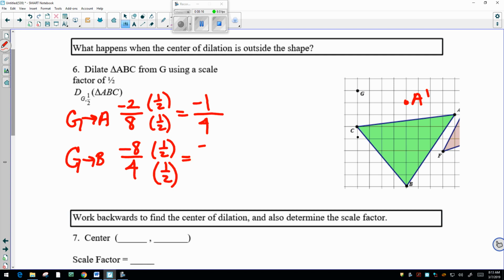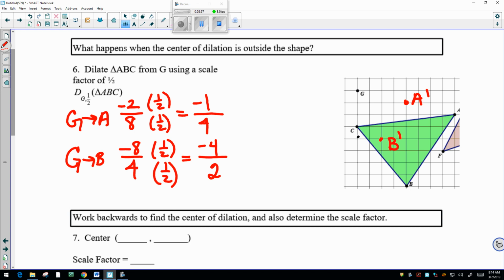So half of -8 gets me -4. Half of 4 is going to get me 2. Okay, so we go back starting at G, and I do that again. So I want to go down 4. And I'm going to go to the right now, 1, 2, and I can see right here is going to be where B is located.